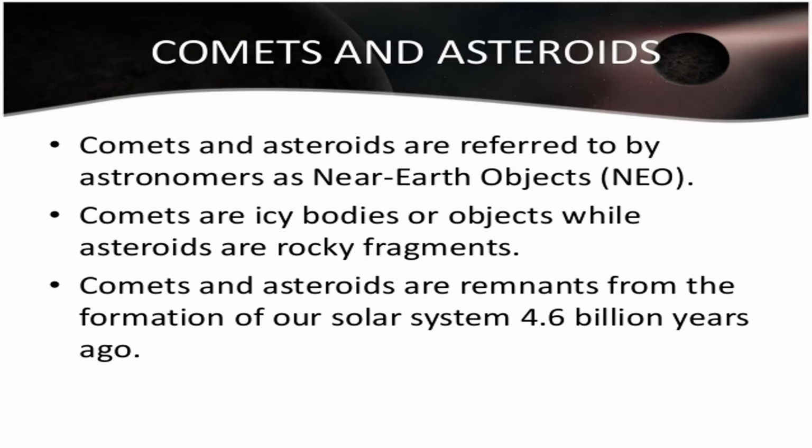Comets are icy bodies, while asteroids are rocky fragments. So comets and asteroids are the remnants from the formation of our solar system 4.6 billion years ago. So these are some of their properties and characteristics. Later, we will discuss this one by one.